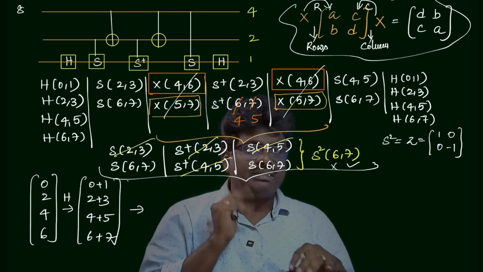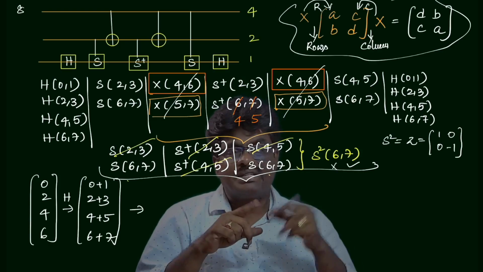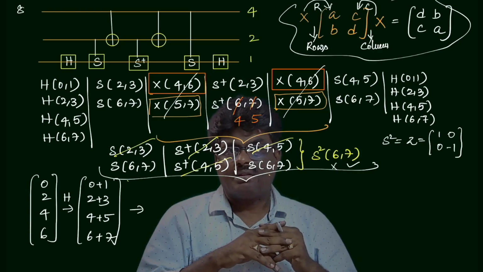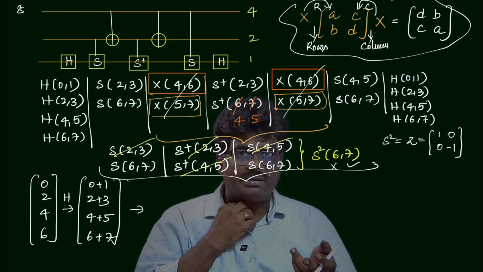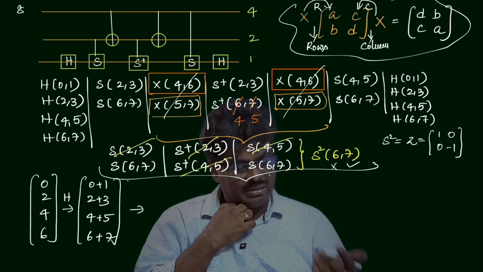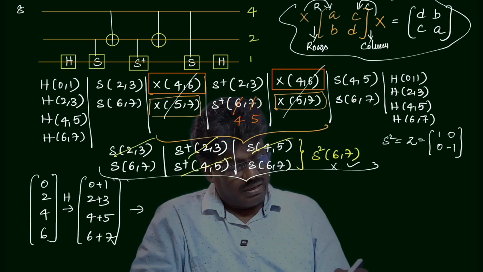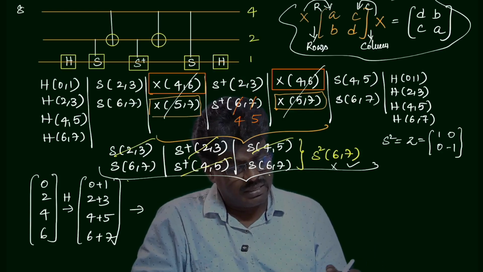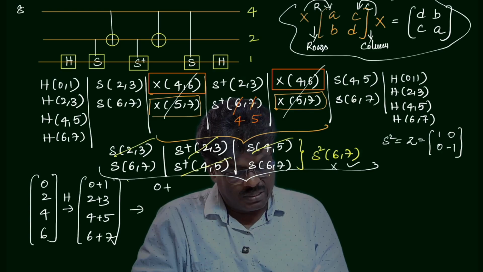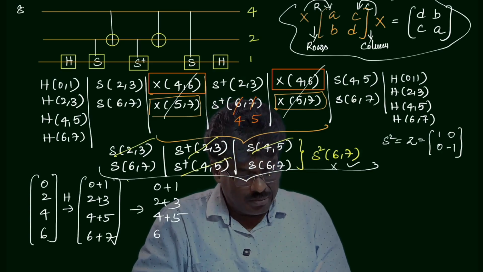In this method, one of the advantages is that cancellations will be there. I hope you are following this method. If you are facing any difficulty, please let me know. So only the S square operation: 0 plus 1 no change, 2 plus 3, 4 plus 5, 6 also no change, but 7 becomes minus 7.